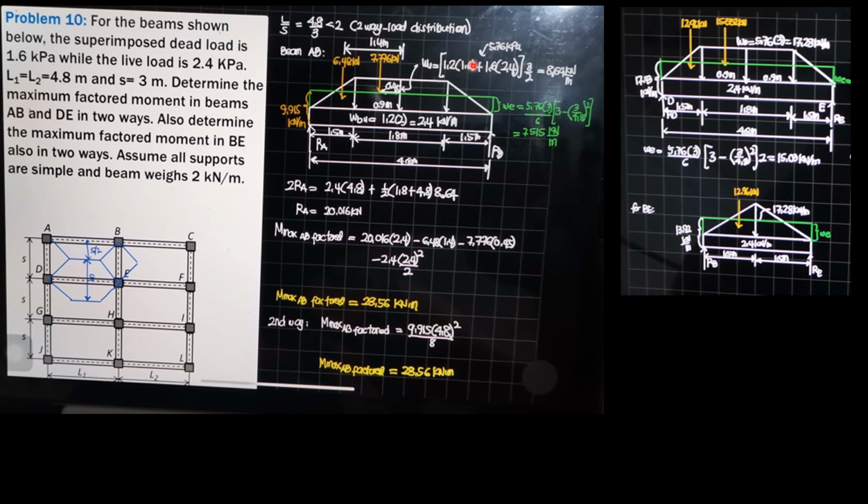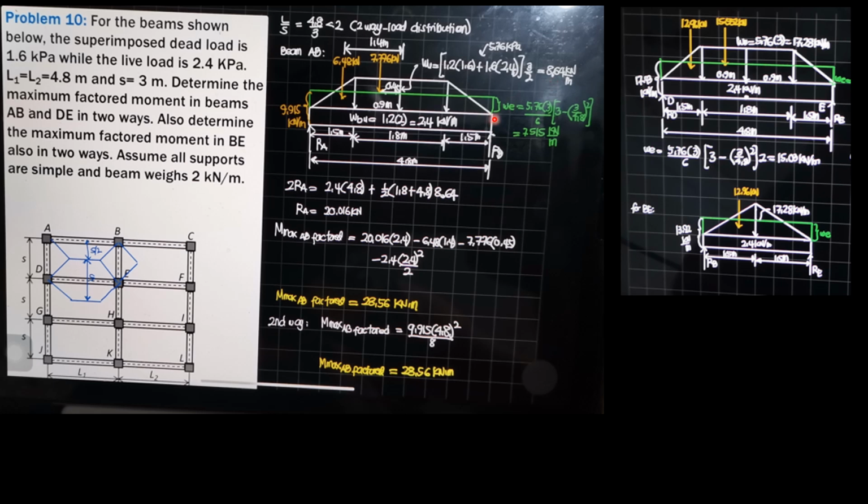So the value of this is 5.76 kilopascals. So that's the pressure, but this pressure is factored, so this is P sub U. Then the spacing S over 2, so 3 over 2. So in kilonewtons per meter, WU is 8.64 kilonewtons per meter.